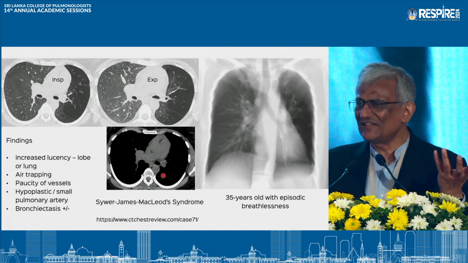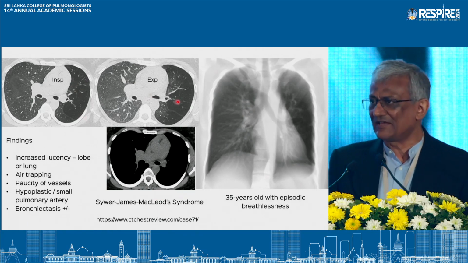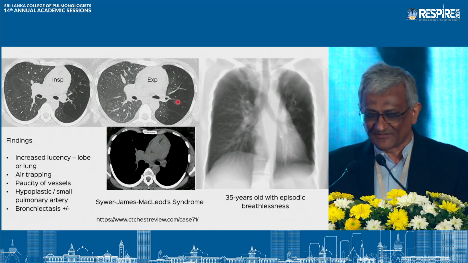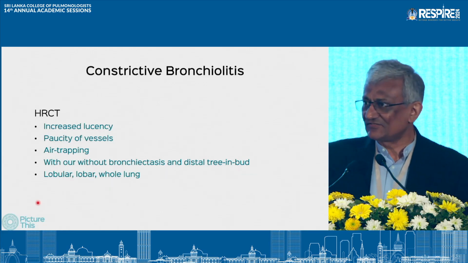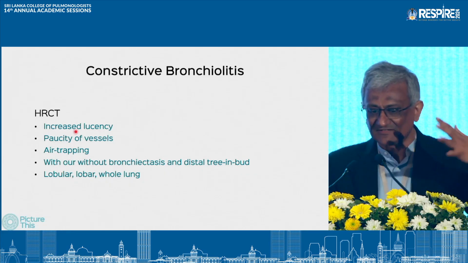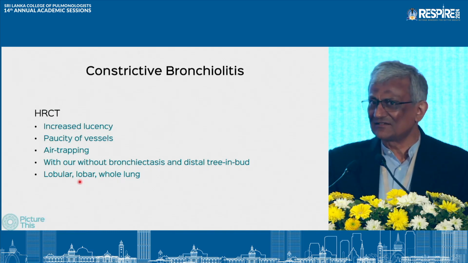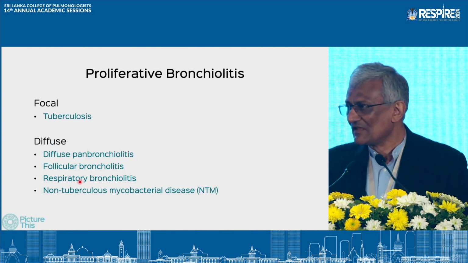So the Swyer-James-McLeod syndrome, and you can see this inspiratory-expiratory pair showing marked air trapping, is an extreme form of constrictive bronchiolitis, and you can see all the findings here. So to summarize constrictive bronchiolitis, these are the signs that we have, and this would allow us to make a diagnosis of small airways disease / constrictive bronchiolitis in these patients.